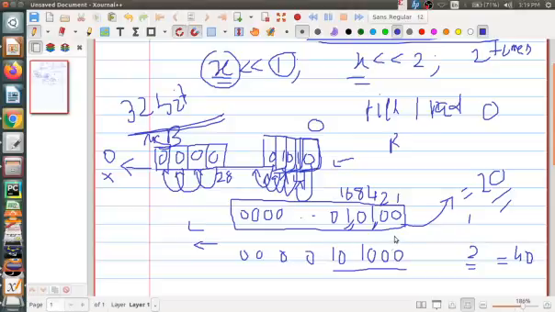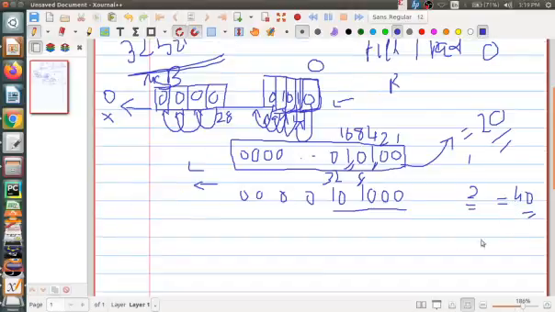This is 1, this is 2, this is 4, this is 8, this is 16, this is 32. So 32 plus 8, the rest are 0, is 40. So now you can see each time I shift left, for the number of times I shift, that many times I have to multiply by 2.